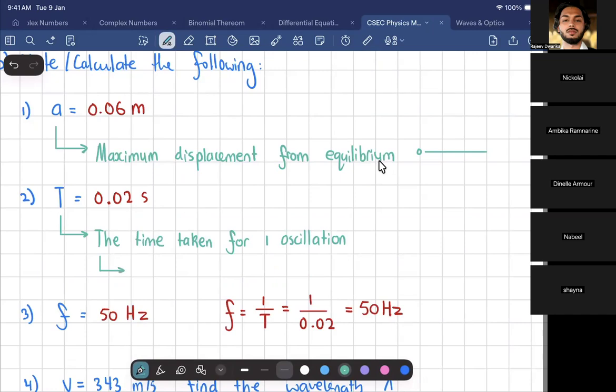So, Amika, in this question, how long will it take for one oscillation? How much time would it take for one oscillation? 0.02. Yeah, and you saw that right?